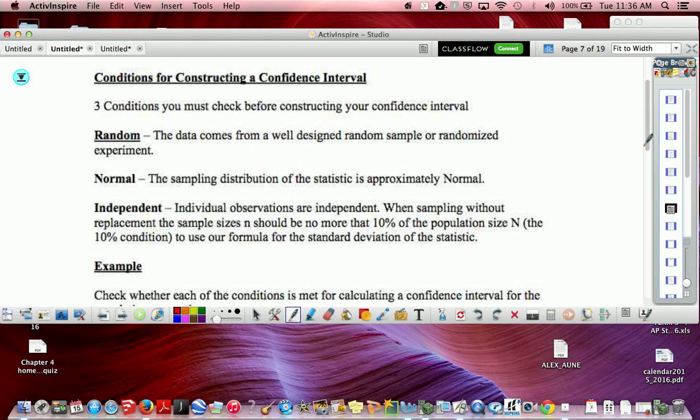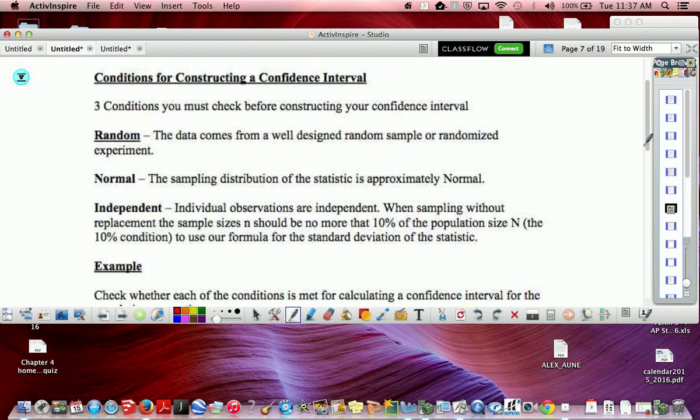When you construct a confidence interval, you have to demonstrate and show 3 things have been met before you actually calculate it out. So when we do that 4-step process, checking these conditions is part of the second step.